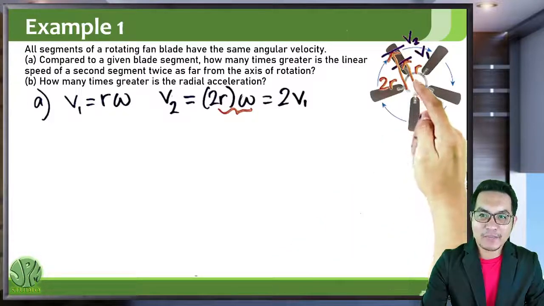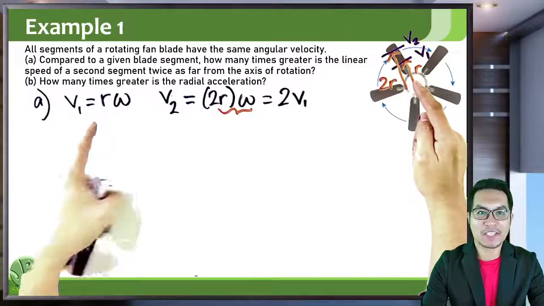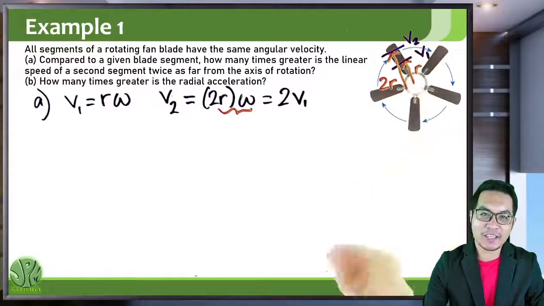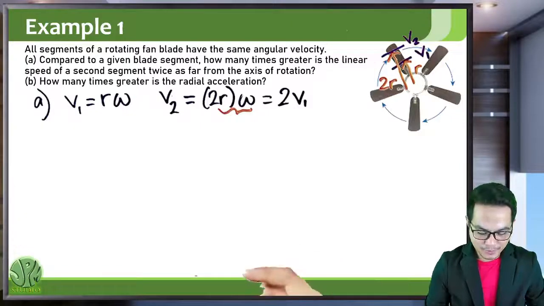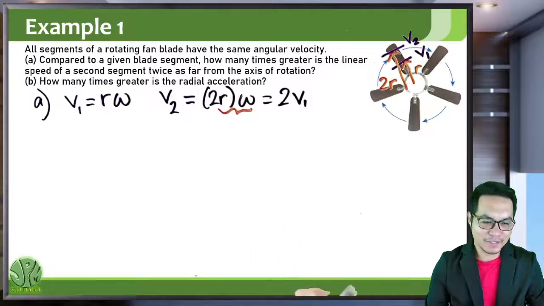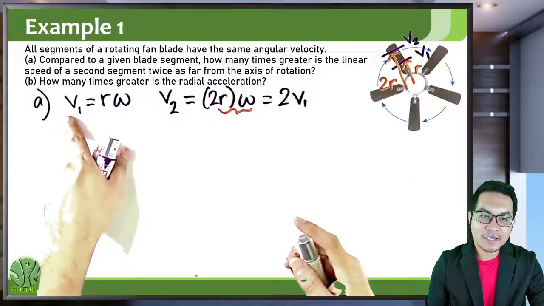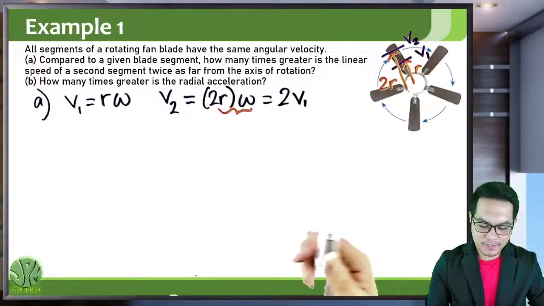Technically, it's safe to touch the center of the fan blade. At the center, r is equal to 0, so it has zero velocity, the smallest linear velocity. So don't touch the edge of the fan. This implies that as r becomes greater, the tangential velocity also becomes greater.